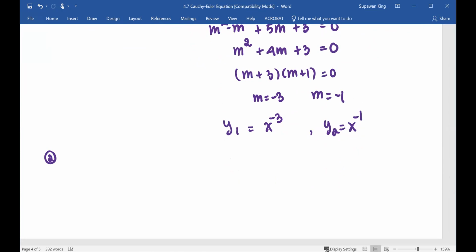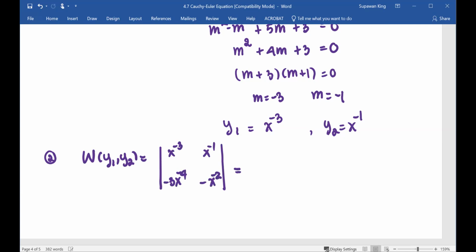The next step, we're gonna find the Wronskian of y1 and y2, which is the determinant of the 2 by 2 matrix. The solution 1, solution 2, the derivative negative 3 x to the negative fourth, negative 1 x to the negative second. For the determinant, you get negative x to the negative third multiplied by x to the negative second.